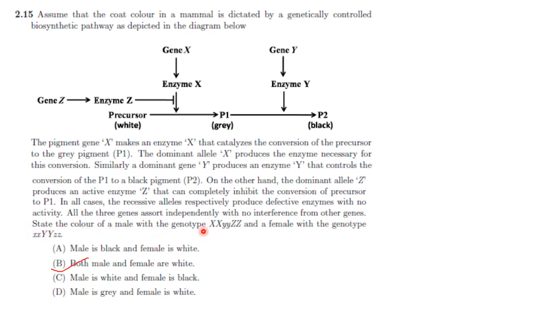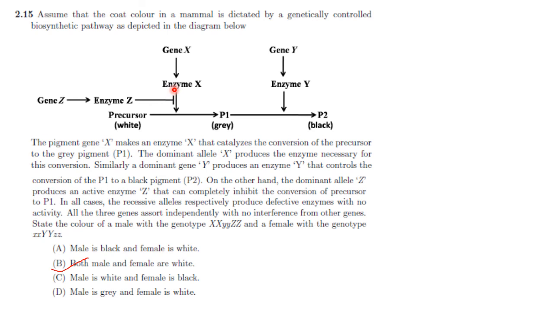State the color of the male with the genotype shown and the female with the genotype shown. So first, the male with genotype capital X. The precursor white will get converted into P1, that is gray. But it has the dominant allele Z. So what will Z do?